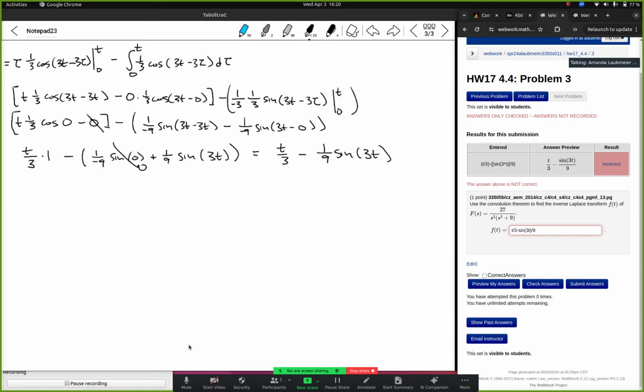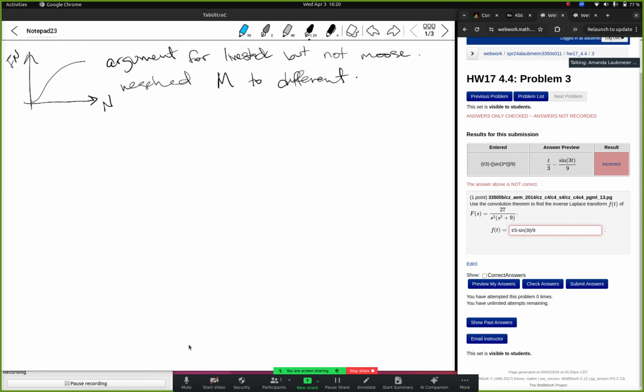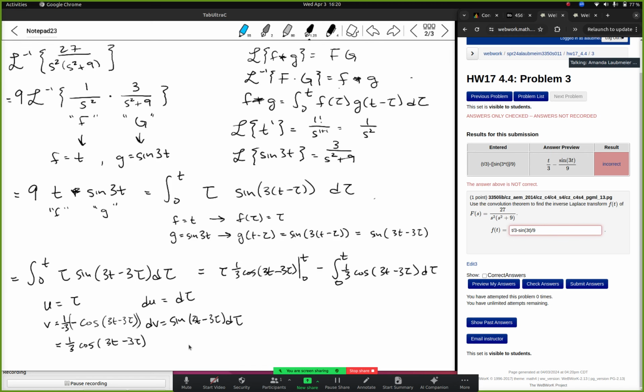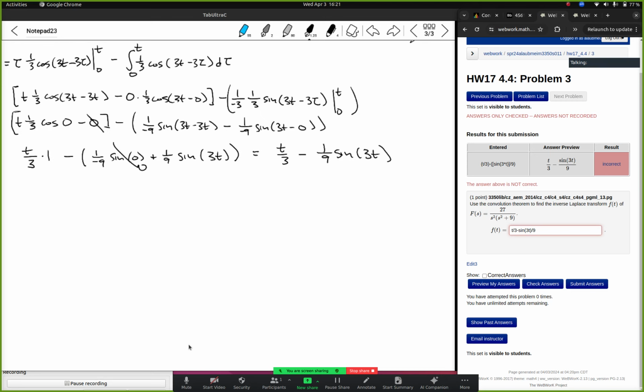Oh! I know what I did. I forgot the 9 right here that I had at the start and then just dropped it completely. So just imagine I wrote a 9 all over everything.